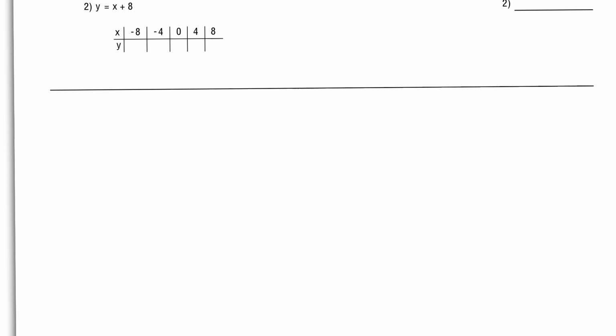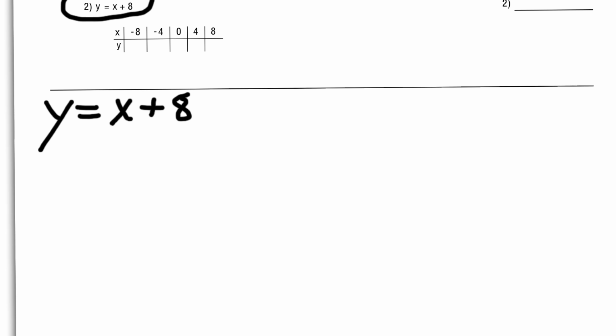Okay, so we could do this one at a time. One thing we could do is put this equation in the calculator and then use a table from the calculator and just fill in the values. But we can also do it longhand. So we have y equals x plus 8.